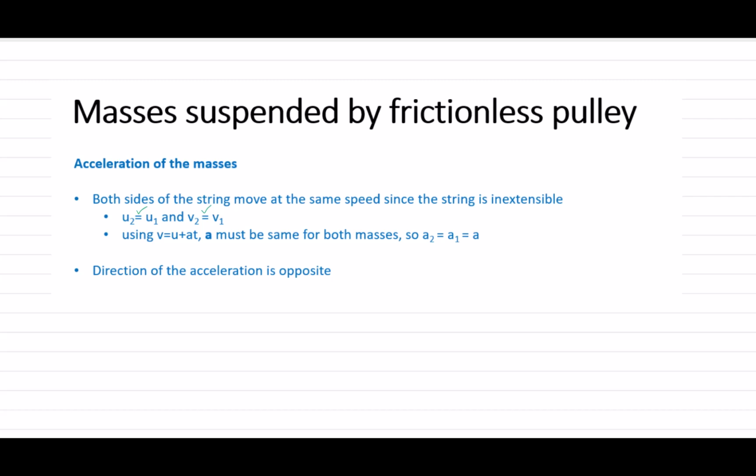Now, using the equation v equals u plus at, for a given time t, a therefore has to be the same. So the two masses move with the same acceleration, but of course, the direction is opposite.